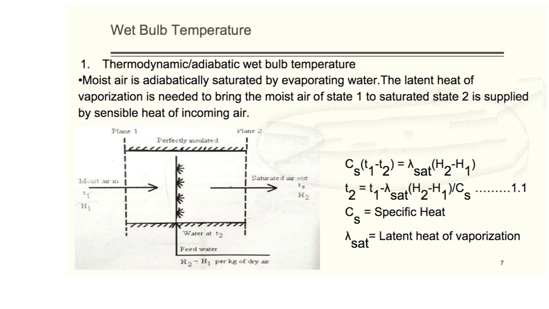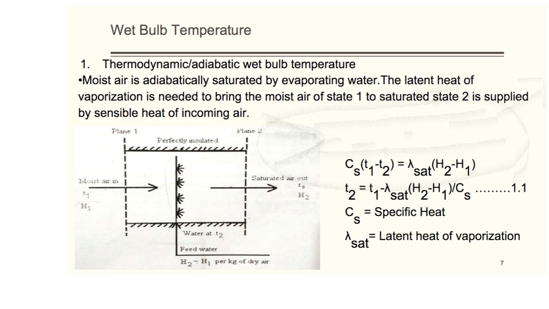And how does this process happen? The water evaporates, and this evaporated water diffuses into the incoming air. How does it happen? The incoming air has some dry bulb temperature, so it has some sensible heat.